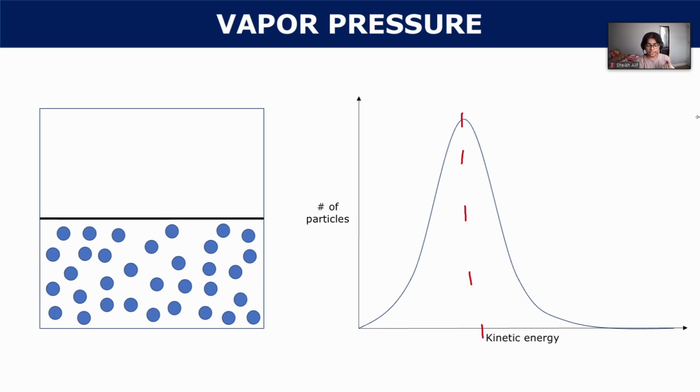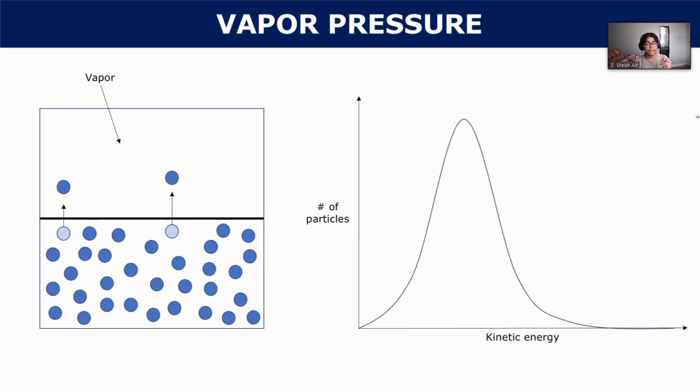And so what happens to this container of liquid is that, by the way, the black line here is the surface level. It's not like a container. So the water is just the surface level, and then the container is the actual box itself. So what happens is that some of the molecules of water that are on the top are going to, by chance, have enough energy to jump up above the surface and become vapor.